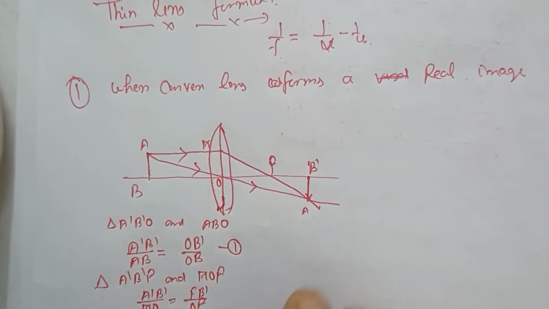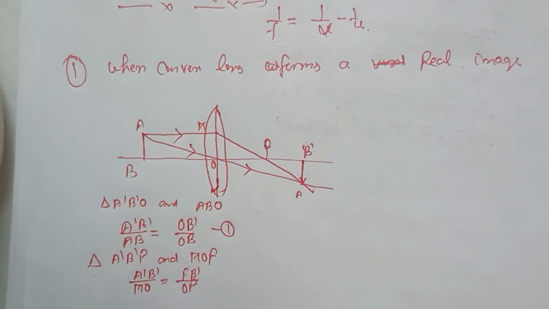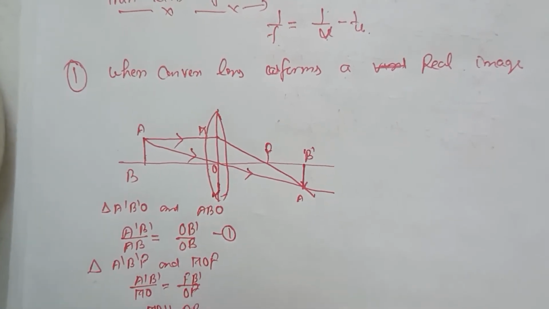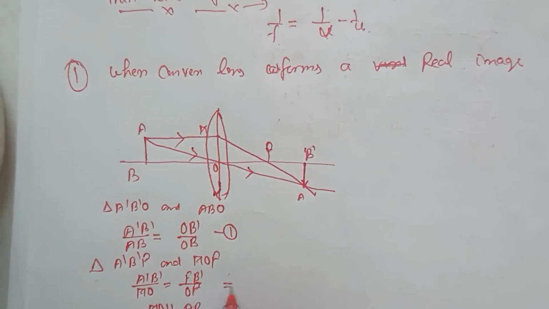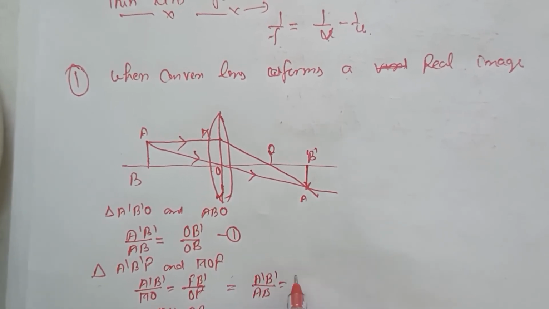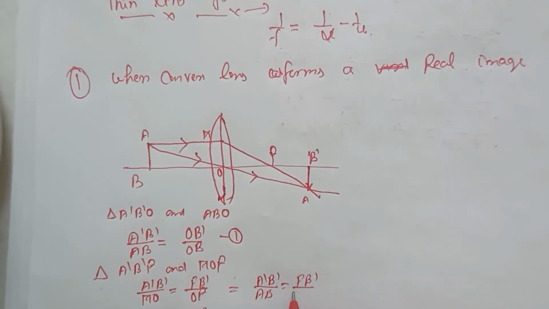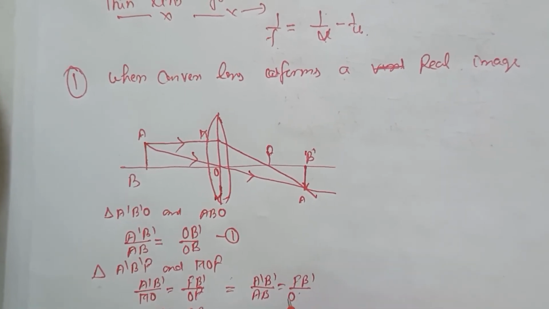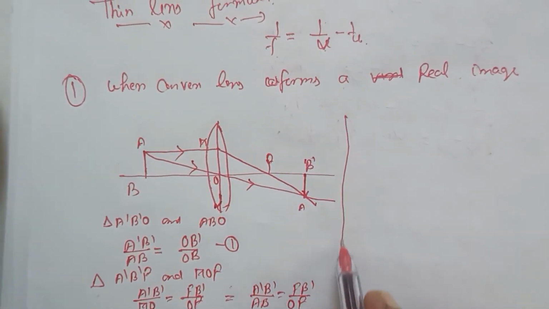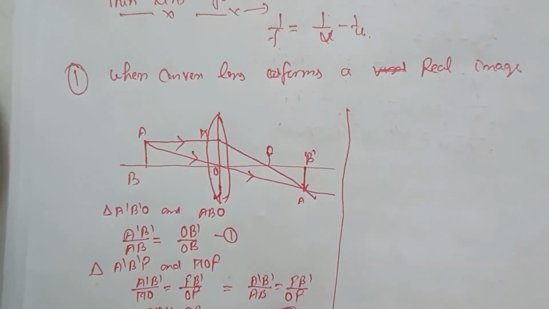Equation number 2. Since MO is parallel to AB, MO equals AB.